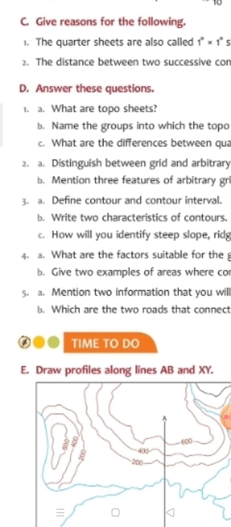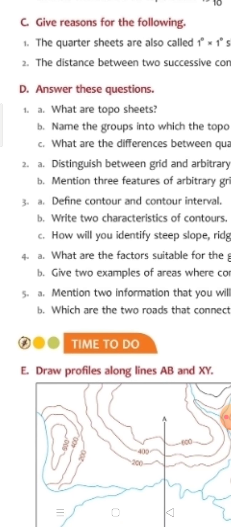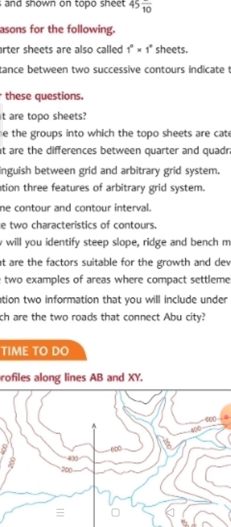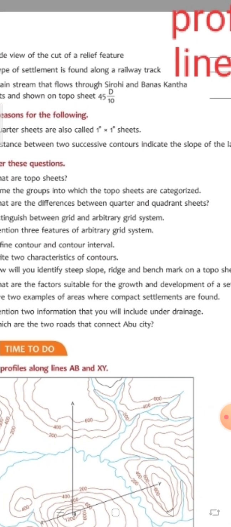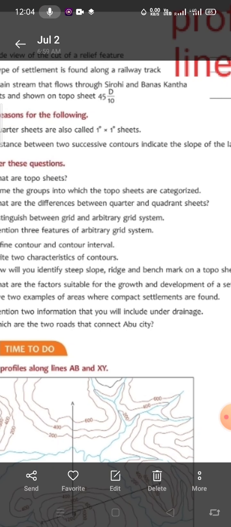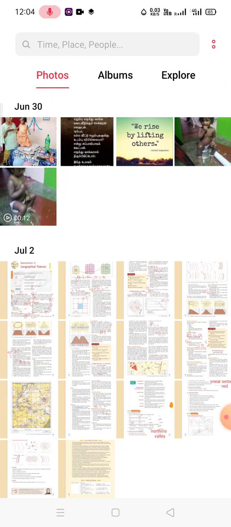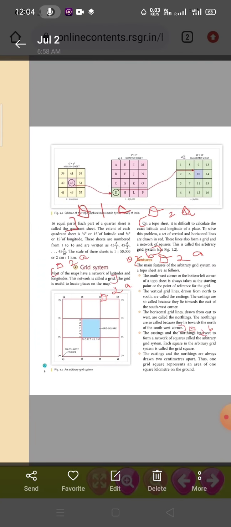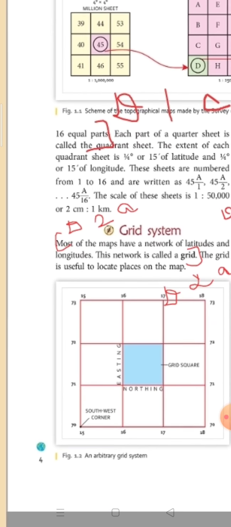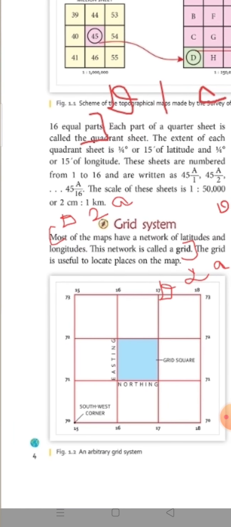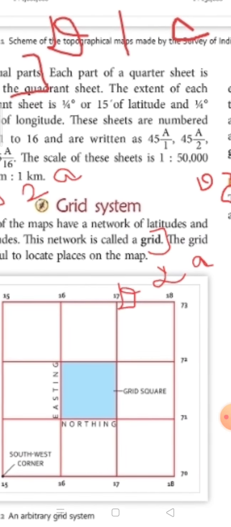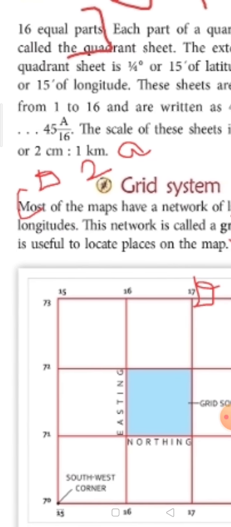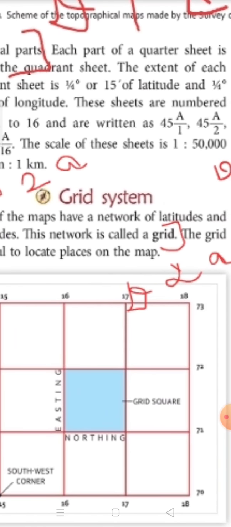D, number 2: Distinguish between grid and arbitrary grid system. Here you see, most maps have a network of latitudes and longitudes. This network is called a grid.